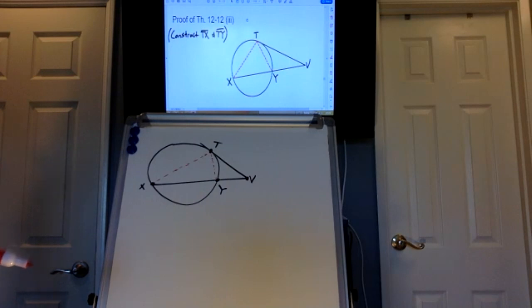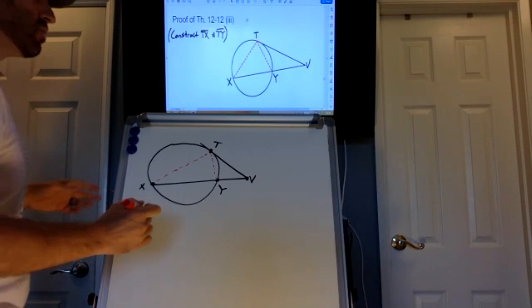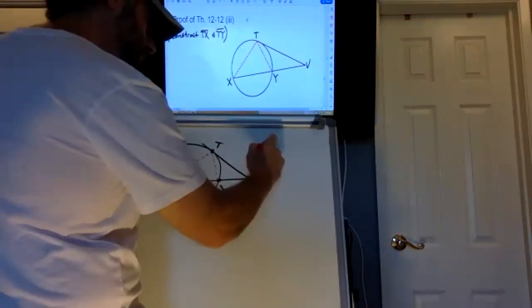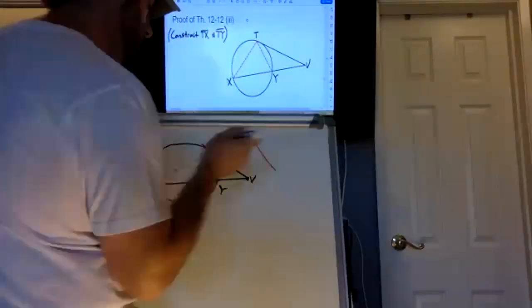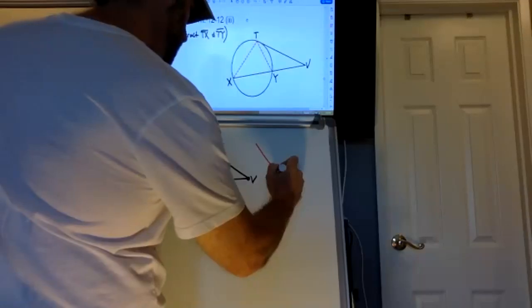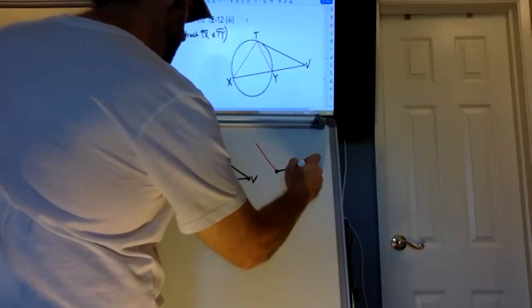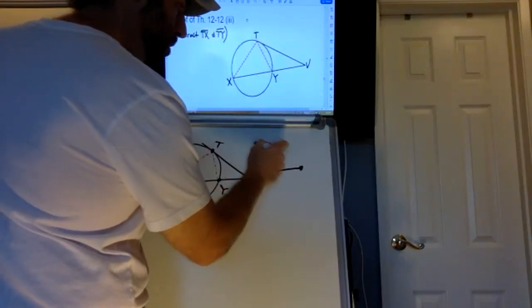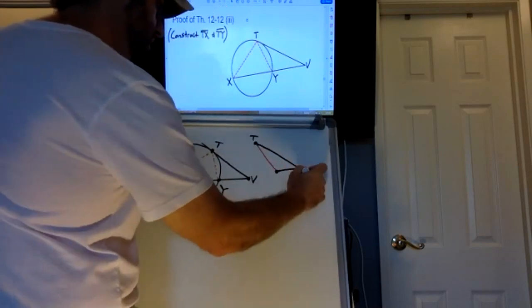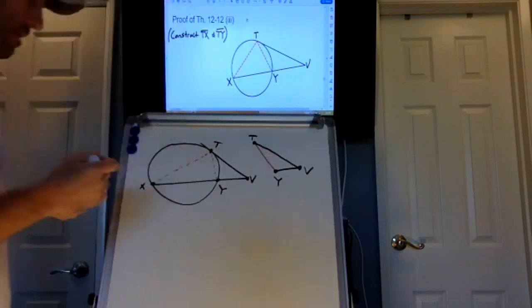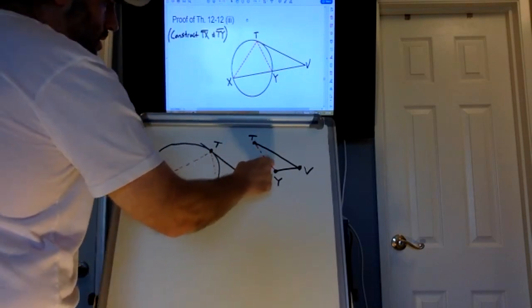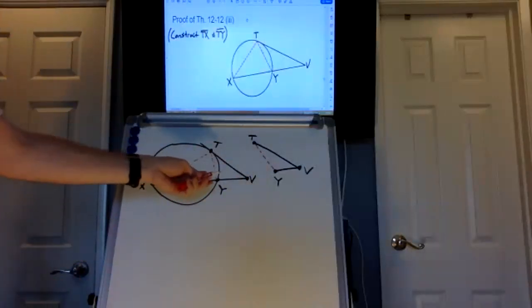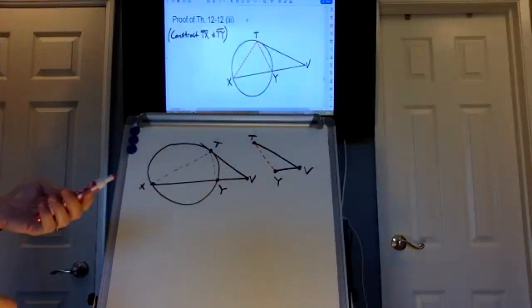All right, so let's try to get these similar triangles split. I'm going to have my small triangle here, T, B, Y. Try to draw it like that so you can see it just came right from there.